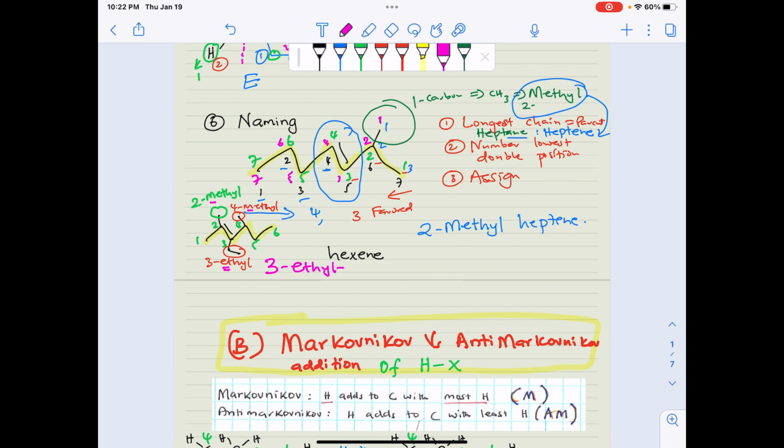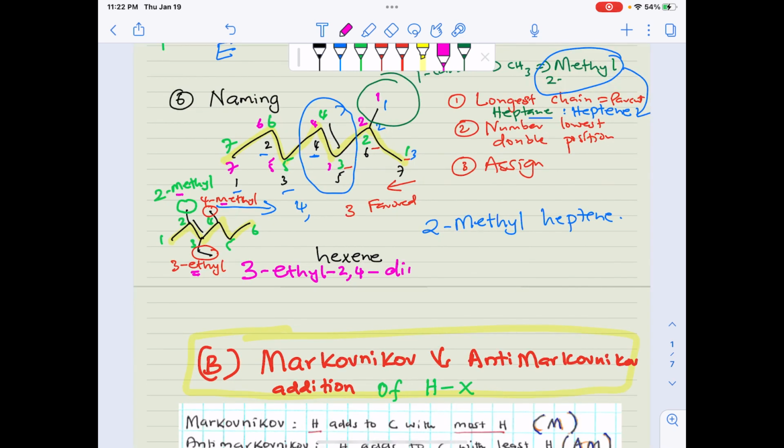We have on position number 2 and position number 4 is the same group, methyl. So you say 2,4-dimethyl. And then we have another side group, the ethyl group. So 3-ethyl. And then the parent name, hexene.